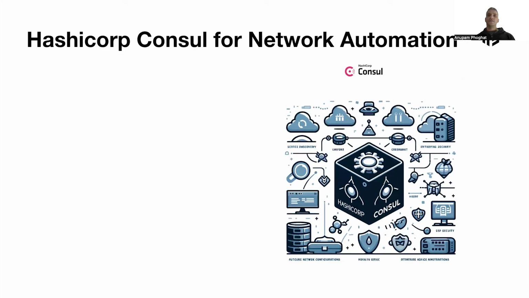HashiCorp Consul is a versatile tool primarily known for its service discovery capabilities, but it also provides significant features to automate network configurations and enhance security within service networks. Consul provides a centralized service registry that allows services to register themselves and discover other services via a DNS or HTTP interface.